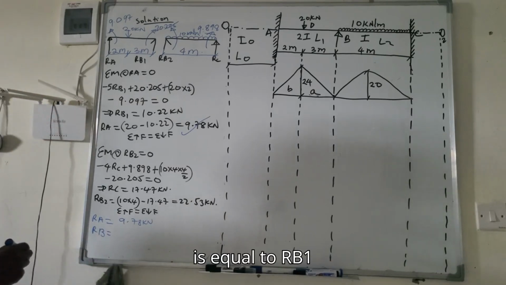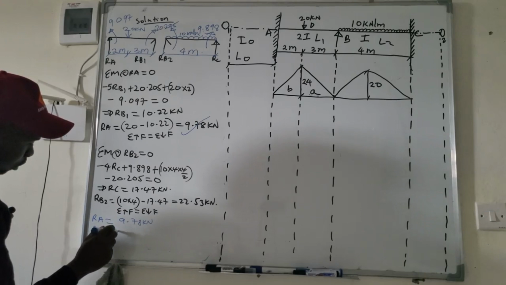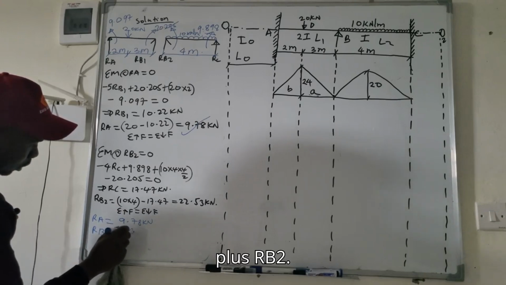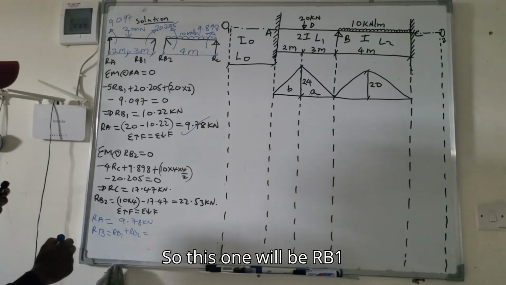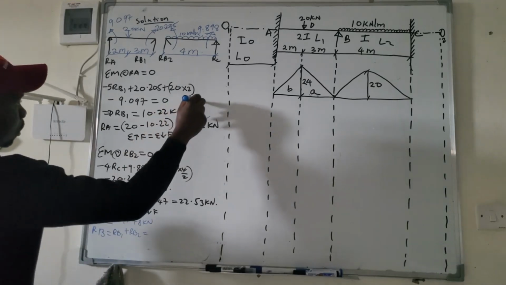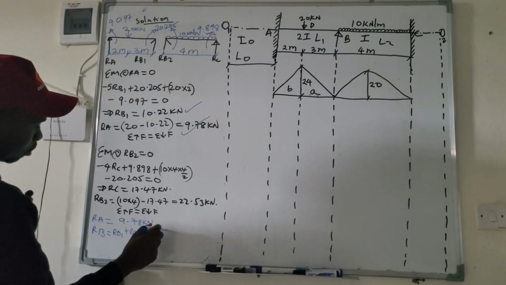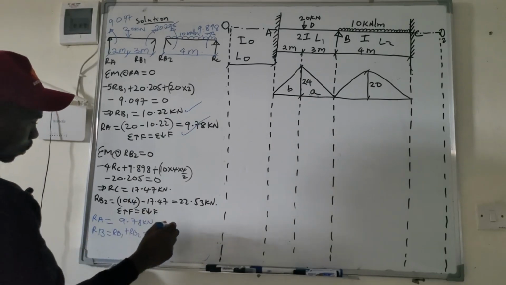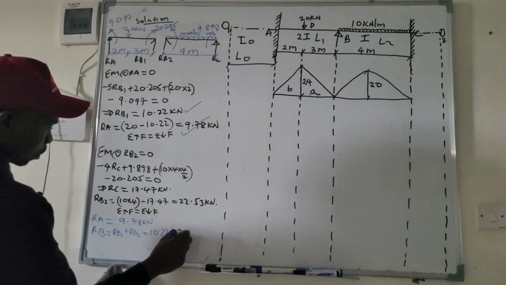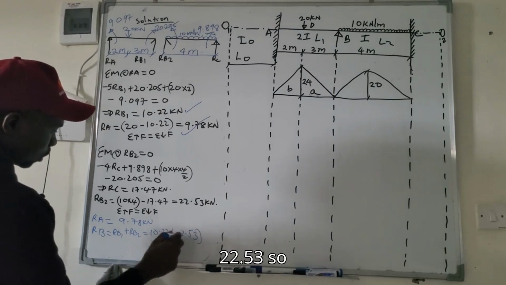RB is equal to RB1 plus RB2. So this one will be RB1, 10.22 plus 22.53.